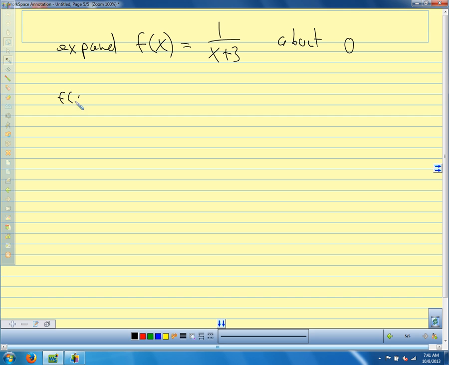So f of x equals 1 over x plus 3, and f of 0 equals 1/3. So 1/3 is a little closer to 1 over 2.8 than 1/2. So our first Maclaurin polynomial is a little closer approximation to 1 over 2.8. We can take our first derivative.